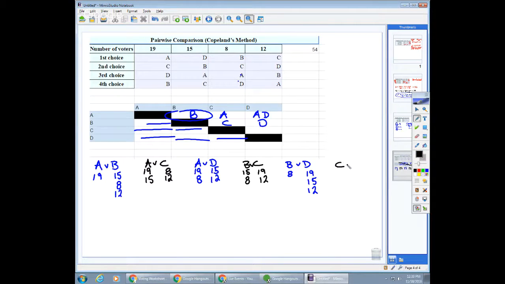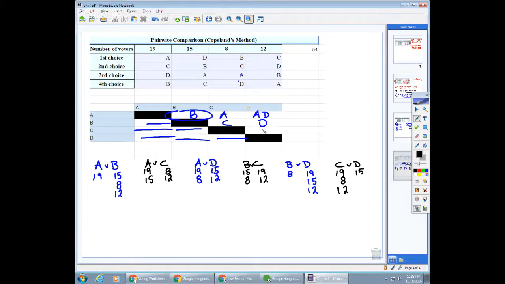And now C versus D. C takes 19. D takes 15. C takes 8. And C takes 12. So C wins. C clearly takes that one.